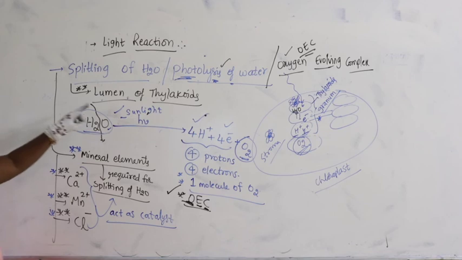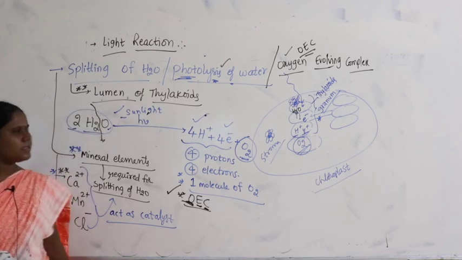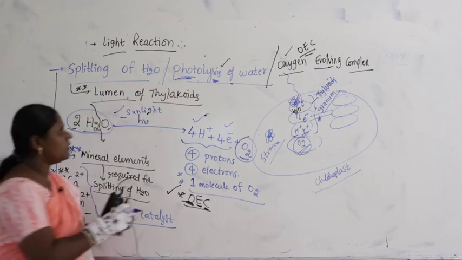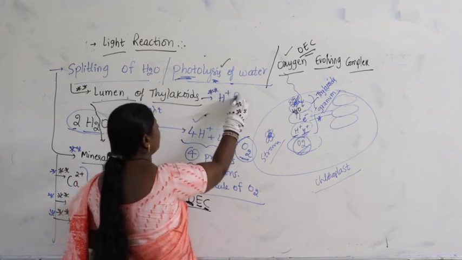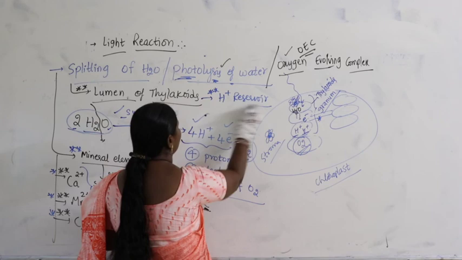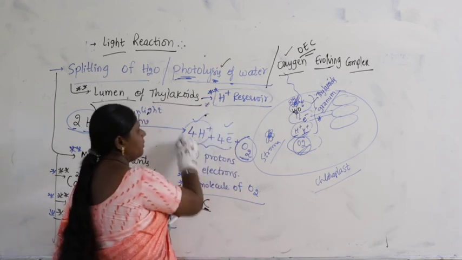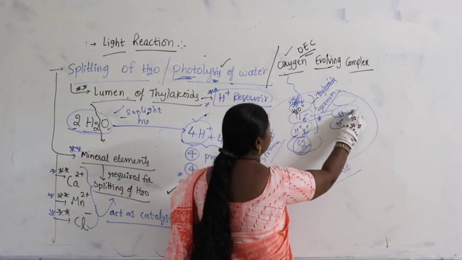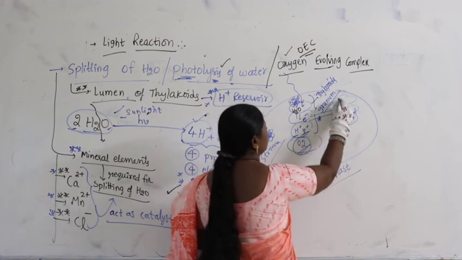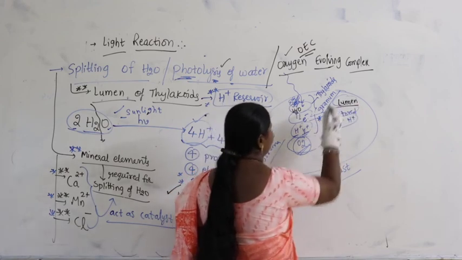Splitting of water occurs in the lumen of thylakoids. So that's why the lumen of thylakoid itself is called what? A proton reservoir. Why? Because here it releases all the protons. All the protons are released here and all of them are stored in the lumen.